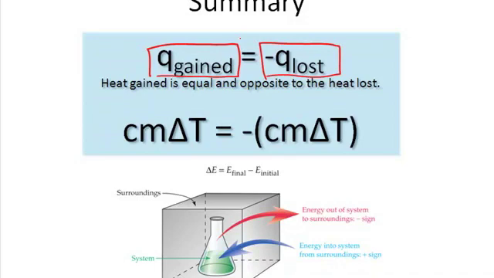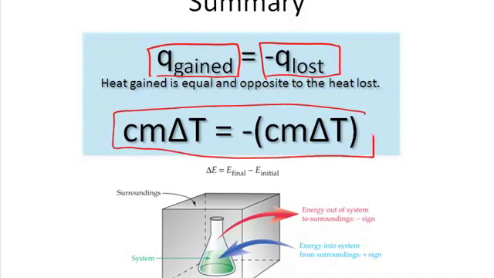Okay? And we can denote that equation as this. Where the thing gaining, where it has a specific heat, it has a mass, it has a change in temperature, is also being lost by the other when they're connected. So you have specific heat of that thing times the mass times the delta T of that thing. But notice the negative, which means that the energy is being lost.